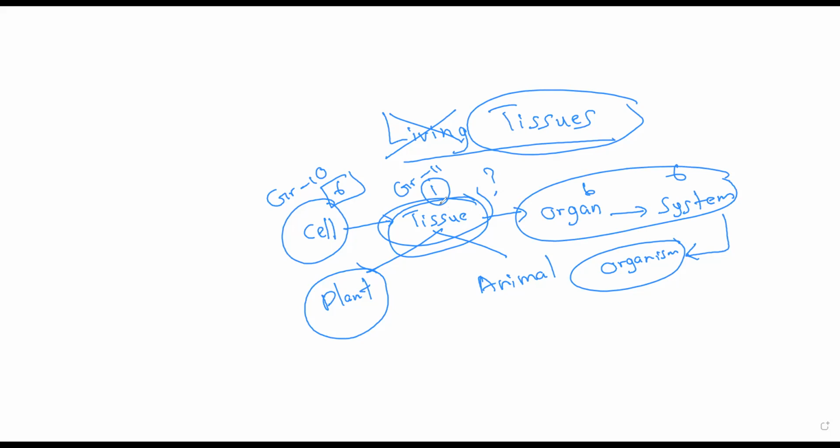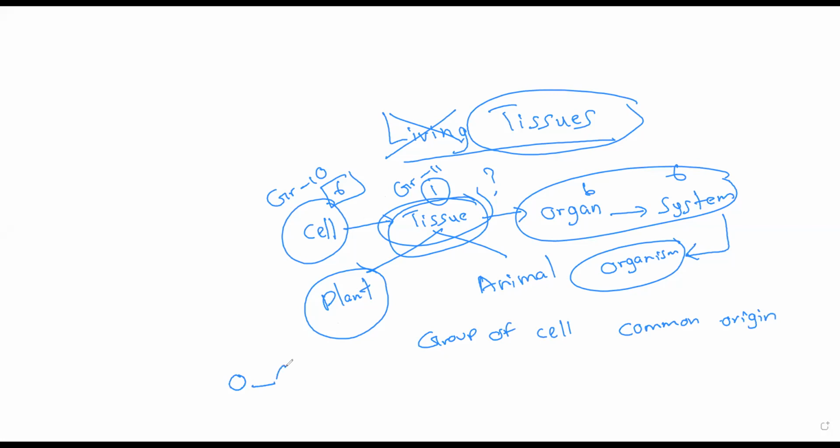So as a definition of tissue, children, listen carefully: a group of cells with a common origin. This word is important. Origin means, from the cells only we get the tissue. Think you have a cell.